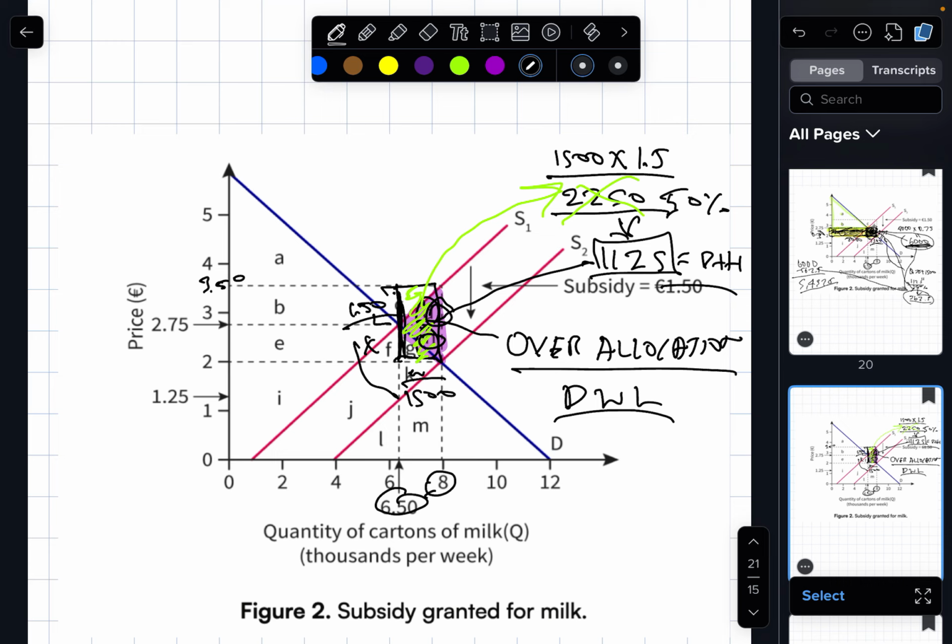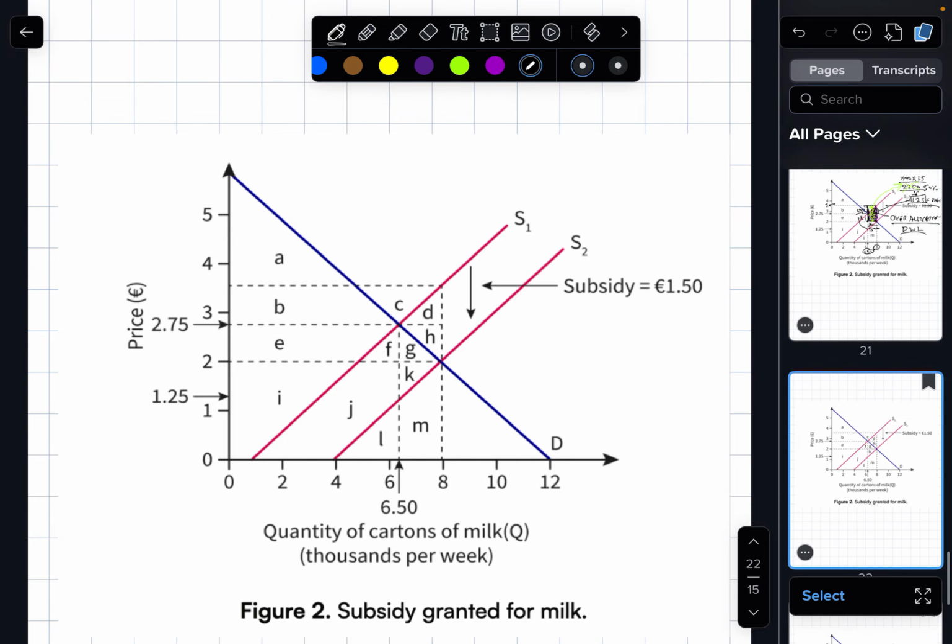So there you have it. Those are some of the major calculations you should know. Things like the change in consumer expenditure, right? It starts from there. Now it's here. Things like how the producer revenue is here and now up here. Things like recognizing that this space on the top here, this is the subsidy.